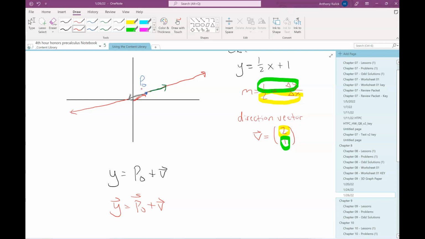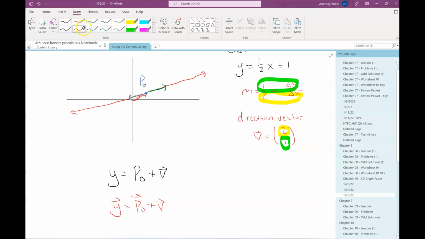Nope, it's because the slope formula is change in y over change in x, and we write our column vector as the x component on top and the y component on bottom. It's just that way because the x part is on top and the y part is on bottom. That's all. Is that okay? Yeah.